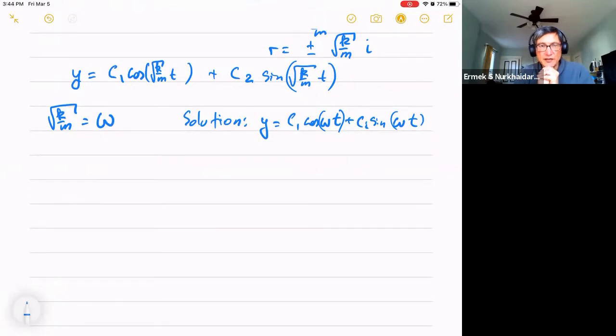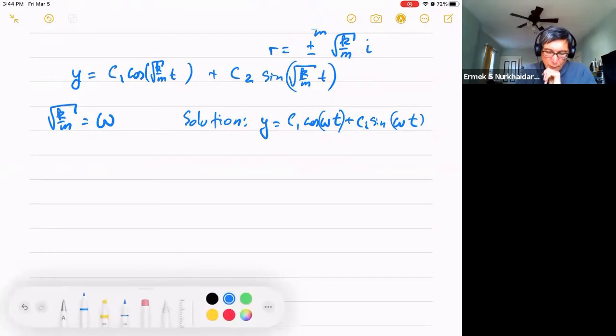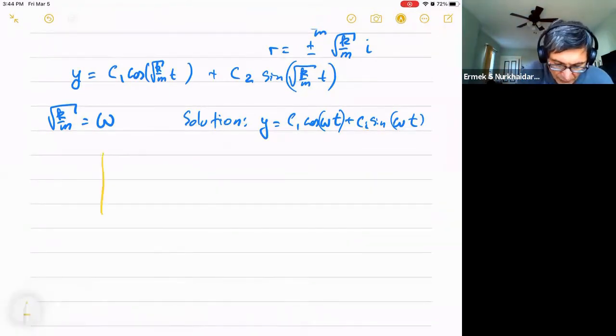Now a little bit less straightforward, a little bit less obvious part is the following. Here we start sketching that solution for different C1, C2, and different omegas. If we sketch the graph, it's going to look something like this.